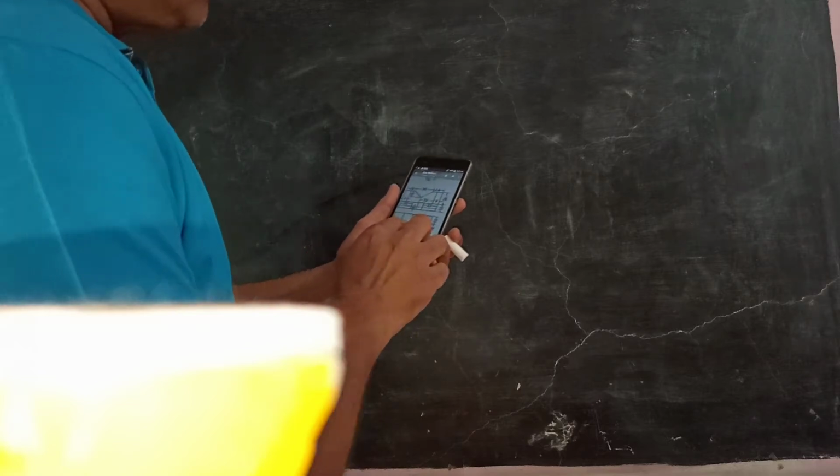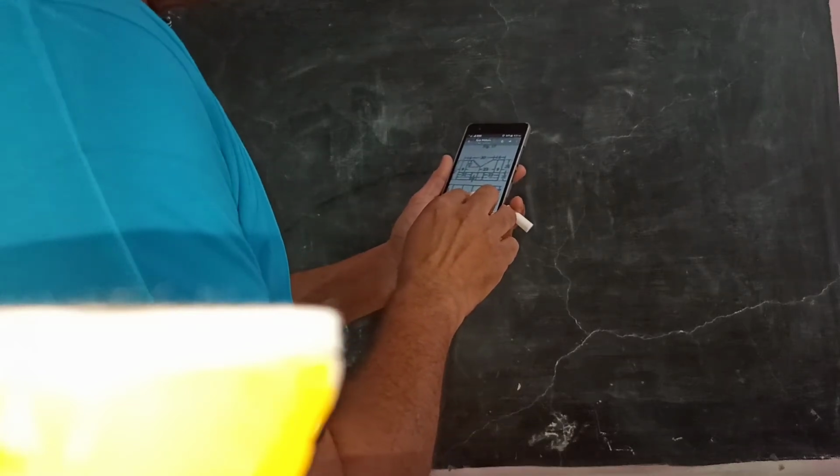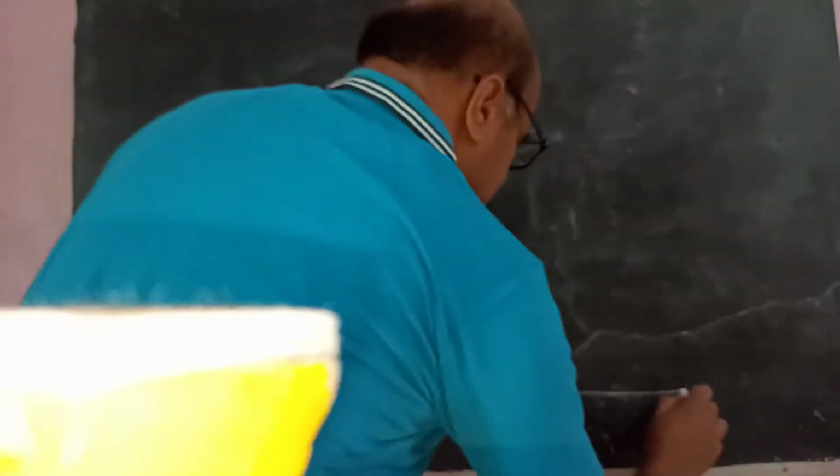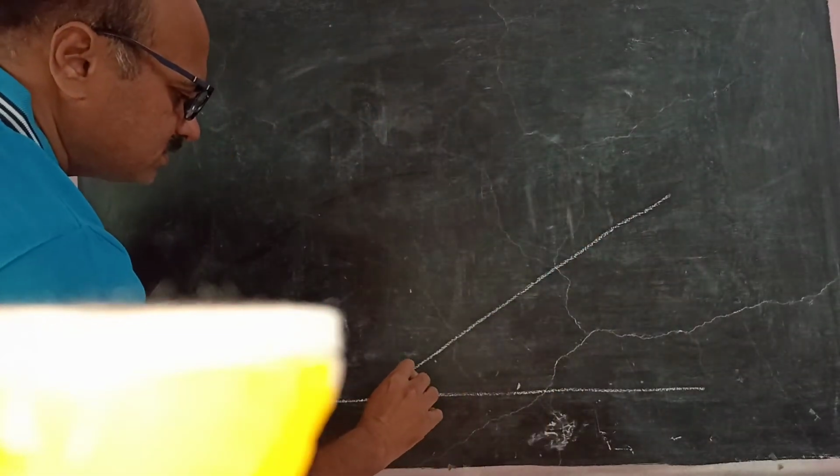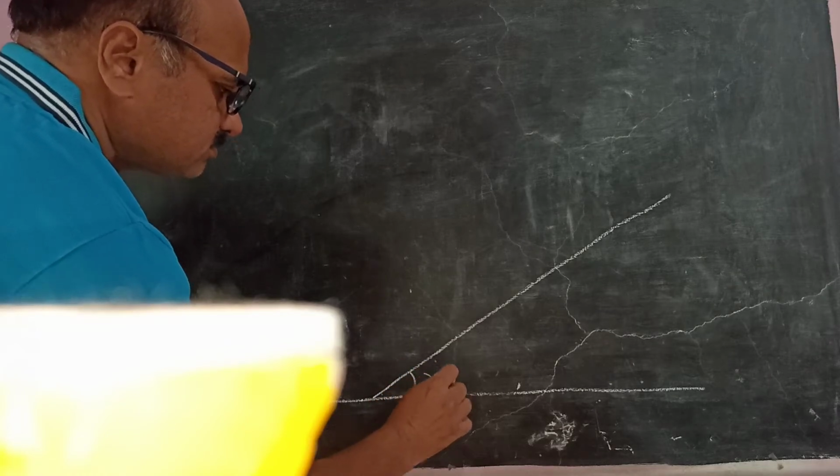The length is 16 plus 16, 32 plus 30, that is 62 is the length. So this is the horizontal line. Then the length is 62 at 30 degrees. This angle is 30 degrees.